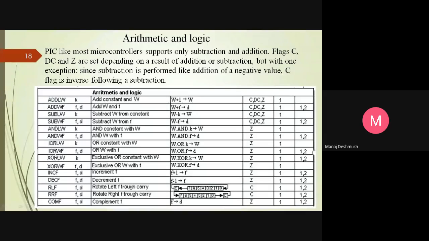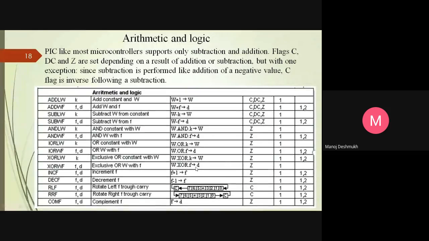For logical operations except complement, we have to use two operands. In this case, W is one operand and the other is a constant number or the content loaded at a file register. So these are the procedures to perform logical operations like AND, OR, XOR. The same case is there, constant number and file register.